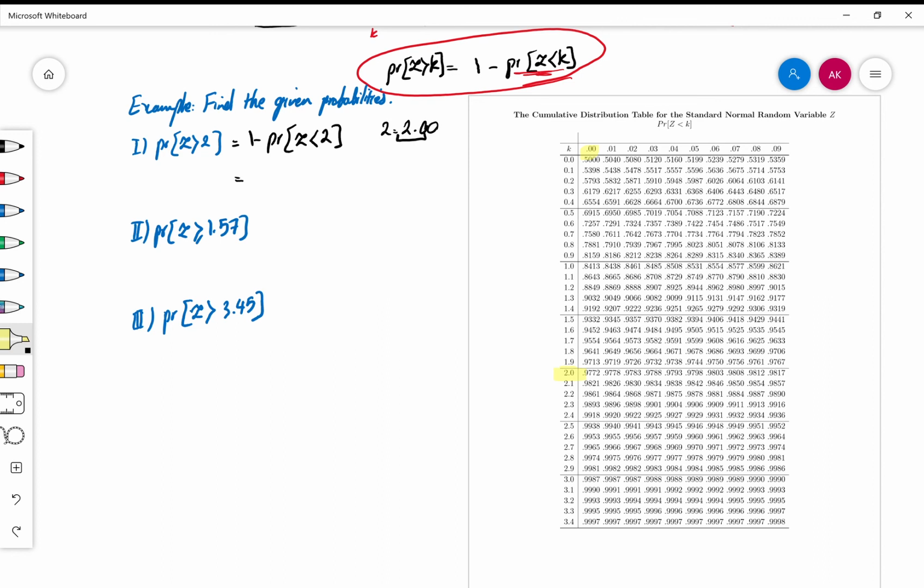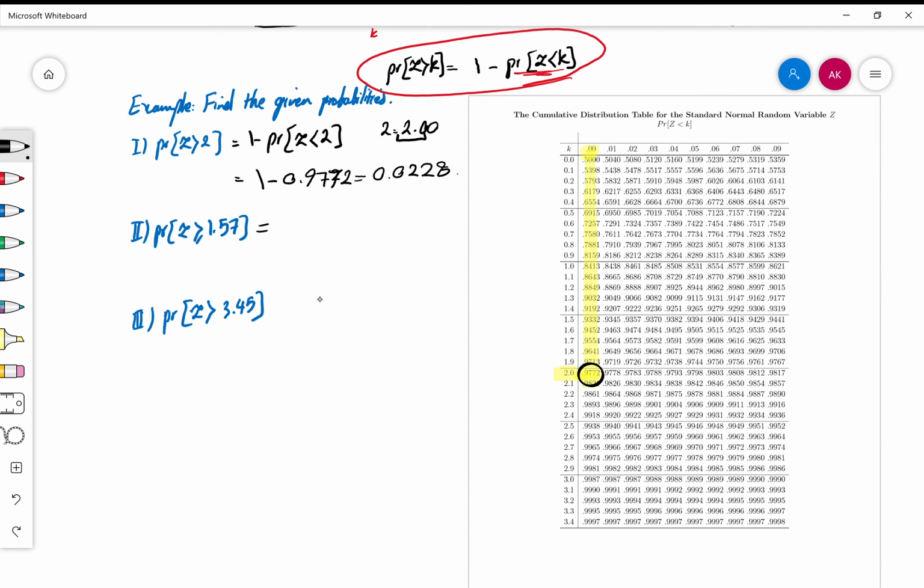The intersection of these two gives us the value we are looking for. It is 1 minus 0.9772, which when you subtract gives 0.0228. That's the probability we were looking for.